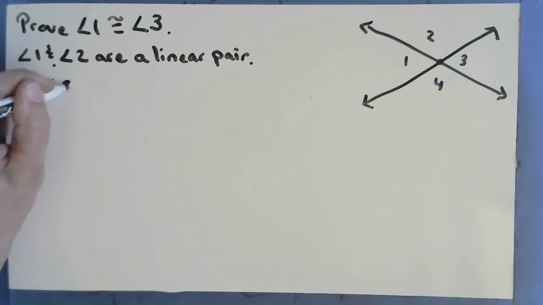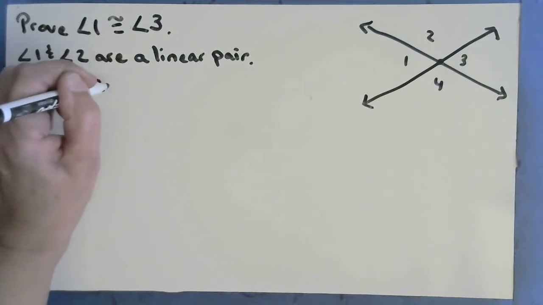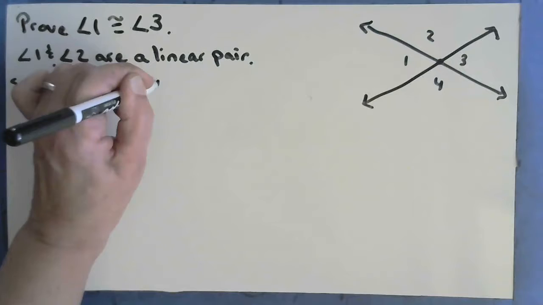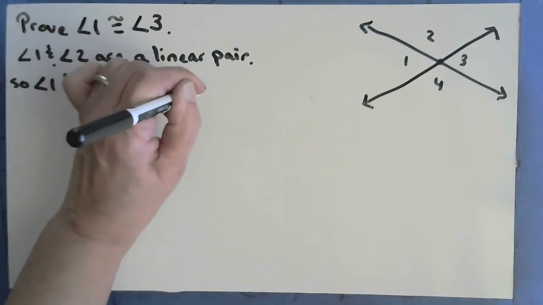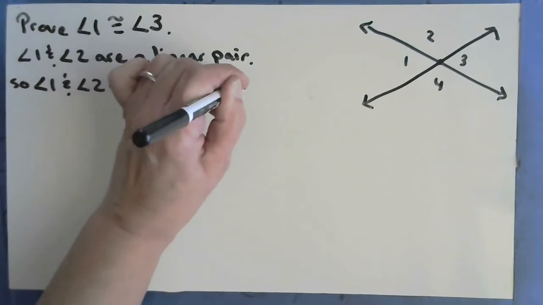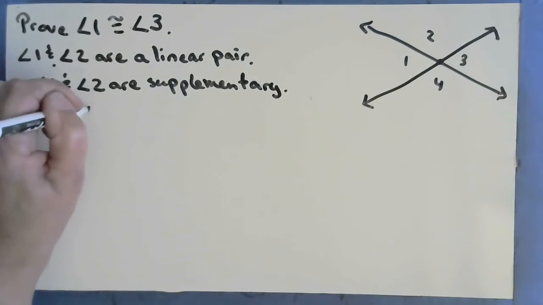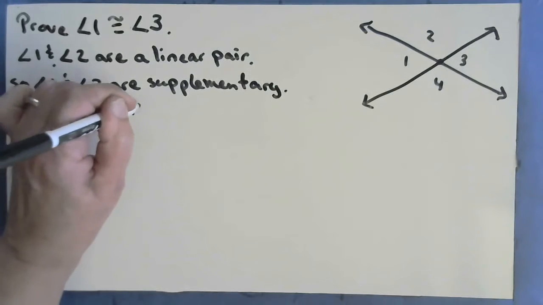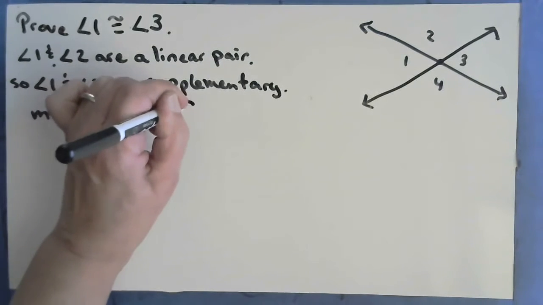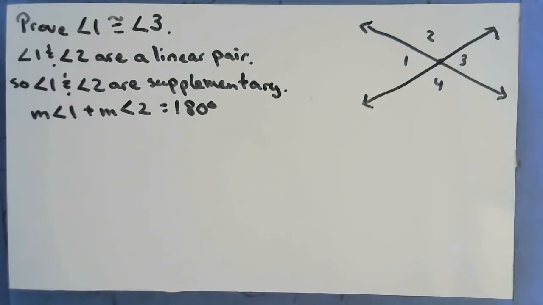So angle 1 and angle 2 are supplementary. And by the definition of supplementary, the measure of angle 1 plus the measure of angle 2 is 180 degrees.